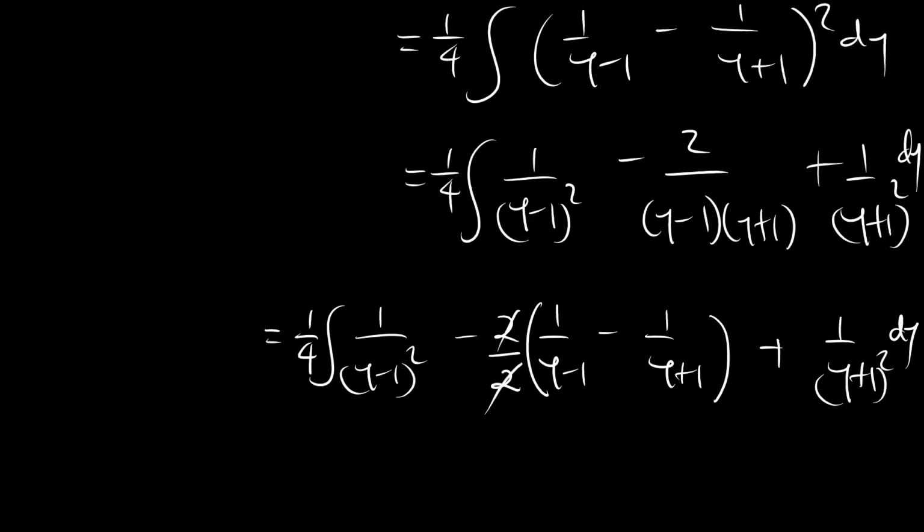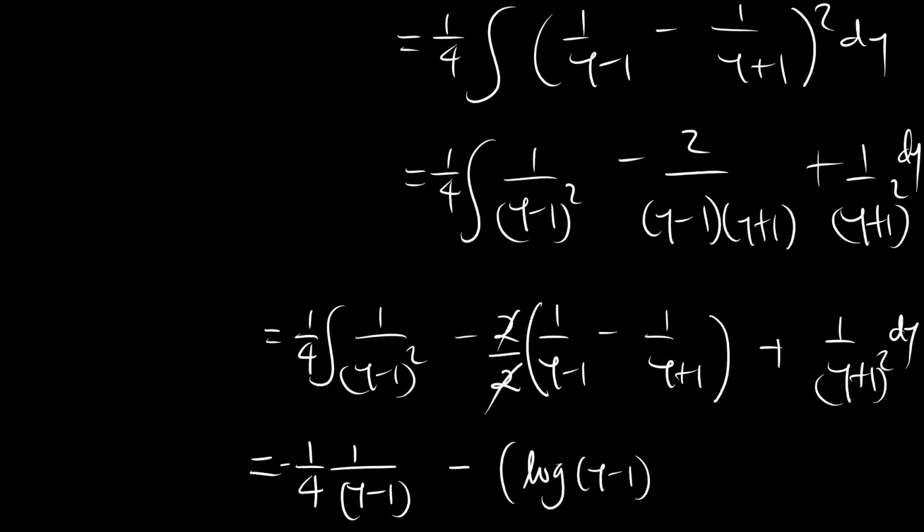Okay, so this would cancel, and so now we can reintegrate this as a quarter, negative a quarter, 1 over y minus 1, right, minus log of y minus 1 minus log of y plus 1. Yes, and obviously there's a quarter here, minus a quarter, 1 over y plus 1 plus c.